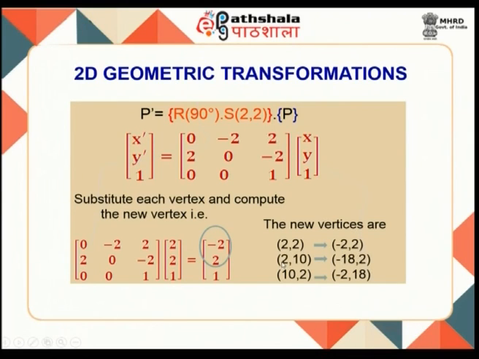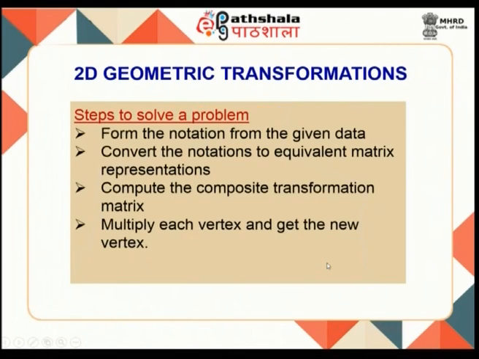The second is (2, 10); multiply (2, 10, 1) with the composite matrix, and you get (−18, 2). Take the third vertex (10, 2) and multiply with the composite matrix, and the new vertex is (−2, 18). So, this is how you should be solving problems.